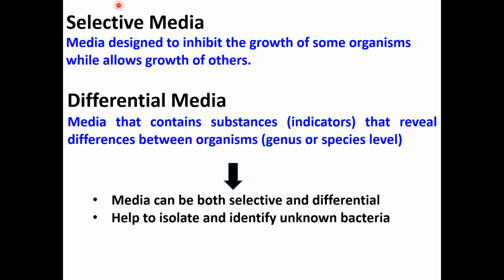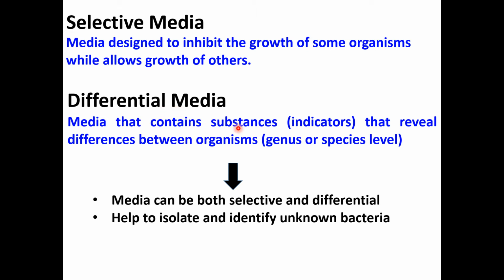So a selective medium means that we have ingredients in this medium that would not allow certain microbes to grow, and therefore will promote the growth of others. So we are selecting which microbes we want to grow. Then we have the differential aspect of the medium, which is different.